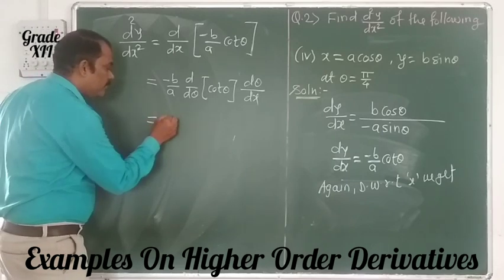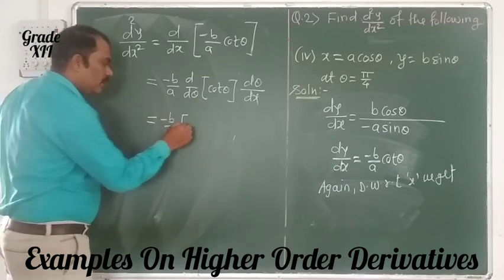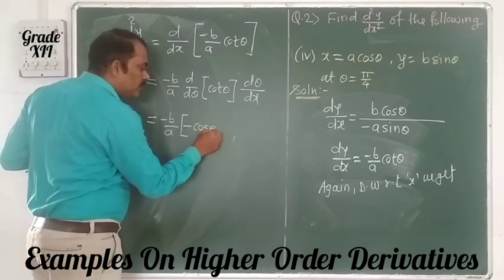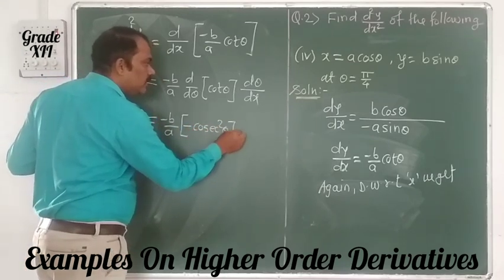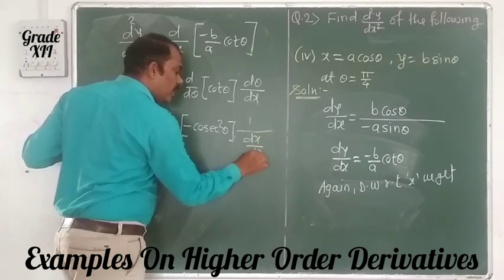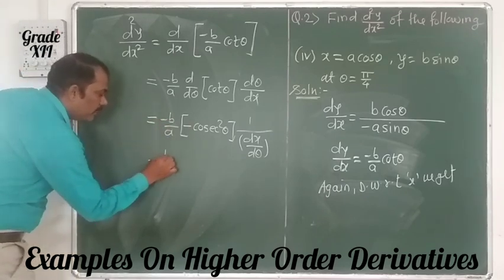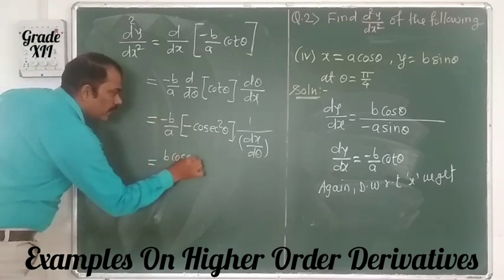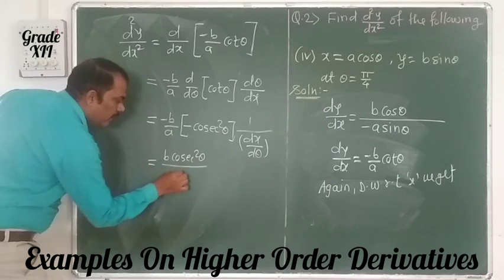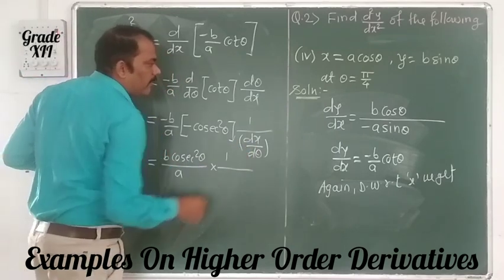So that minus b by a into, what is the differentiation of cot theta? Nothing but minus cosec square theta. This can be written as 1 upon dx by d theta. Minus minus becomes plus, so that b into cosec square theta divided by a into 1 upon dx by d theta.